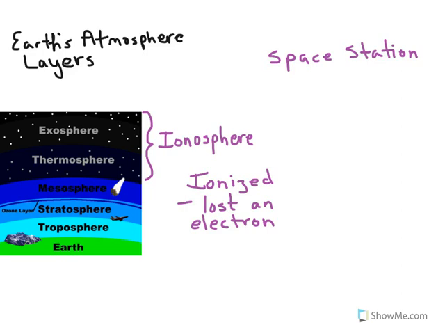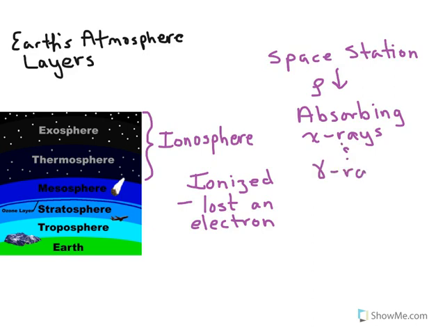Now the density here is incredibly low, so our density is still decreasing. But what's making it ionized is that this part of our atmosphere is absorbing high energy light, in particular X-rays and gamma rays. And I'm going to use the Greek symbol for gamma.